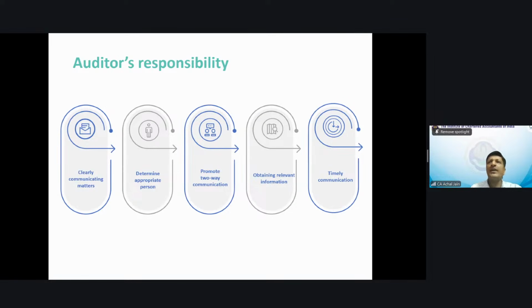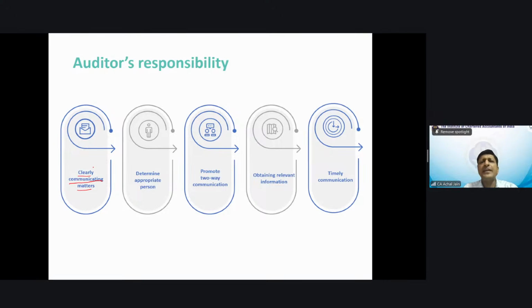That's what the auditor will want, and that's what the TCWG will want to be in place. So when you talk about this communication channel, what are going to be the responsibilities? It is extremely important for the auditor to set up a clear communication channel with the TCWG.